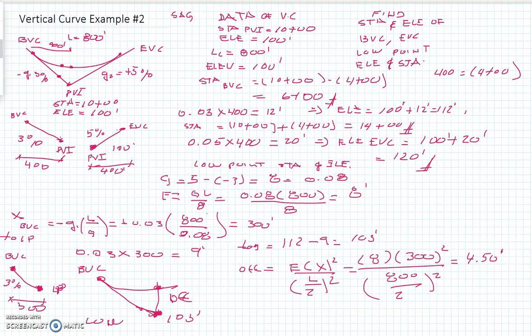So now I have this tangent elevation, which is 103, and I add my offset, 4.5. So my elevation at my low point will be equal to 103 feet plus 4.5, and that gives me, when I use my calculator, 107.5.